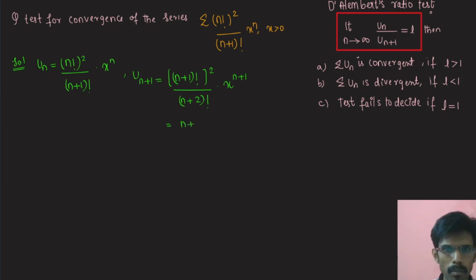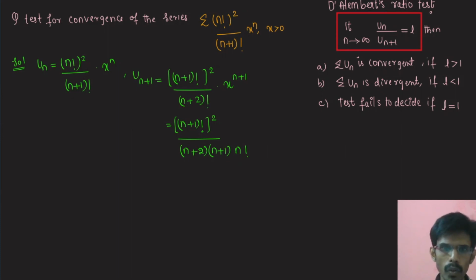Now this n plus 2 factorial can be written as n plus 2 into n plus 1 into n factorial.